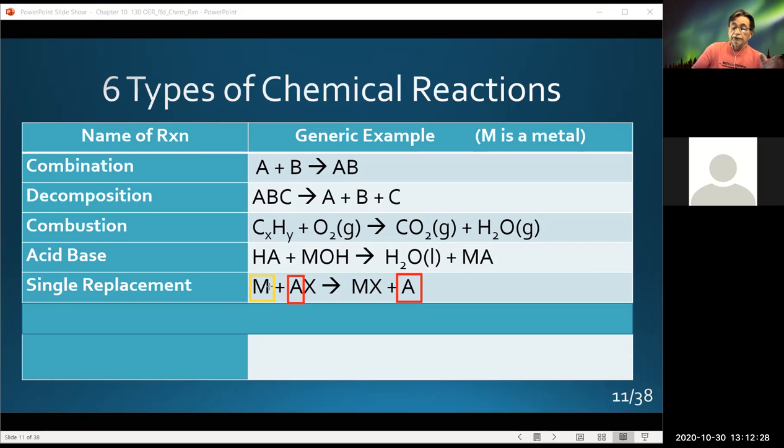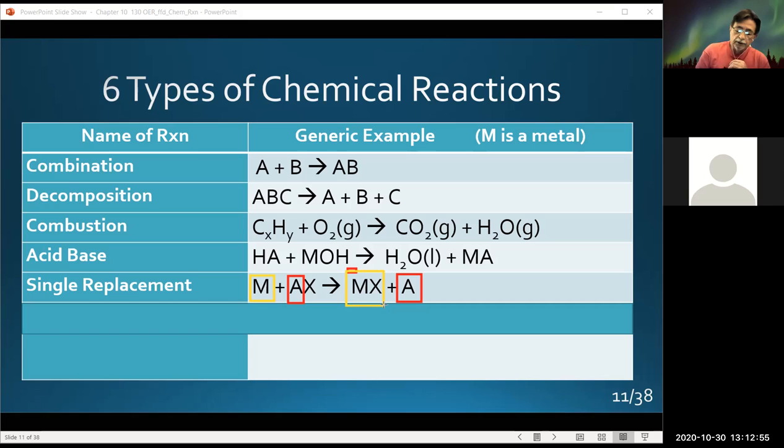And the M, which started off as the metal, now is in ionic form. So we replace the metal that was in ionic form with the new metal that was in elemental form.